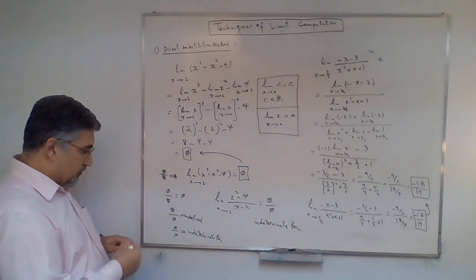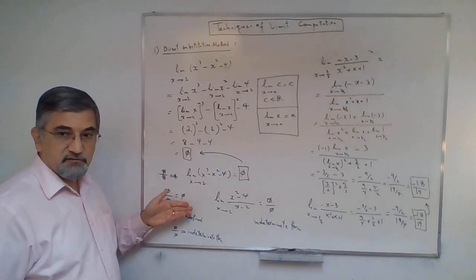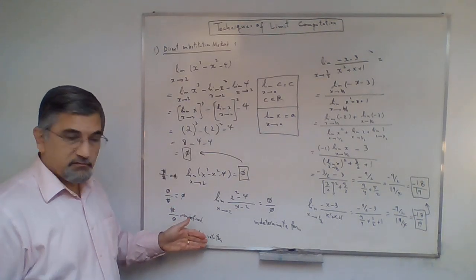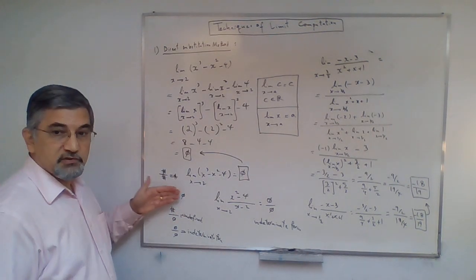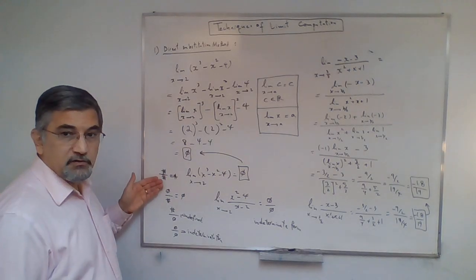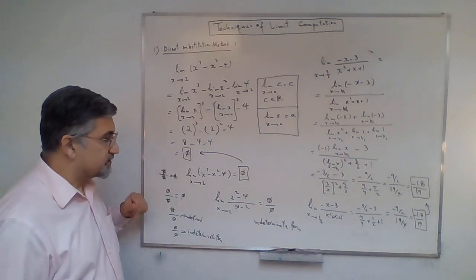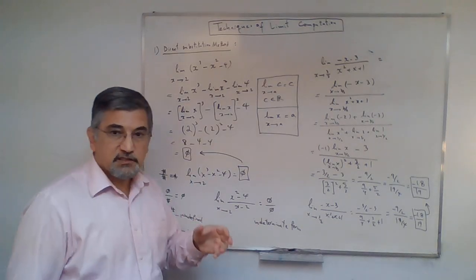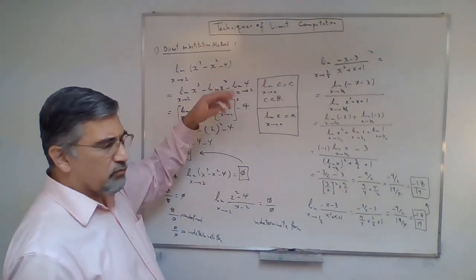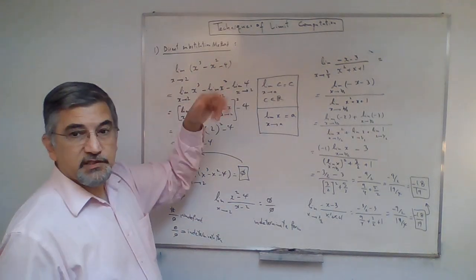So a number divided by 0 is undefined. 0 over 0 is indeterminate form. 0 divided by a number is 0. And a number divided by a number, like 4 divided by 2, is just another number. So, 4 possibilities.